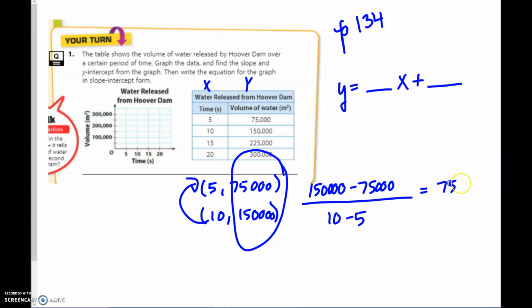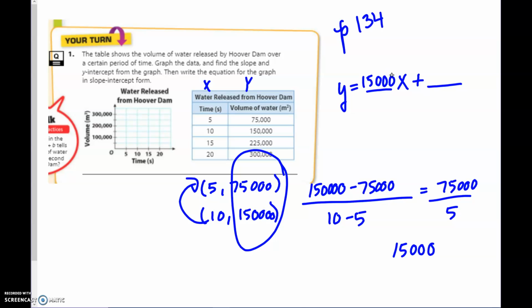So it looks like I have 75,000 over 5. And what is 75,000 divided by 5? I think that comes out to be 15,000. Okay, so now I can go fill in my slope, because that was the point of me doing that, is to find my slope is 15,000.